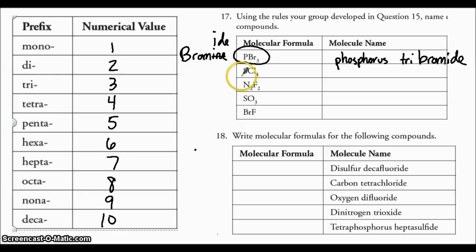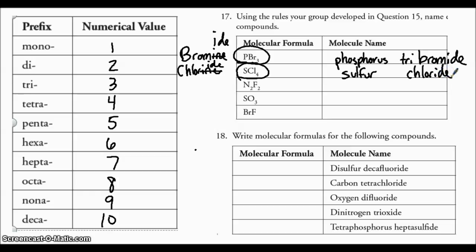So the next one, we have S, looking it up on the periodic table. That's just sulfur. Name doesn't change because it's the first one. Then the Cl, chlorine. I'm sure everybody already knows that by now. Cross out the I and everything behind it. Put ide. So we have chloride. And then now it's time for the prefixes.